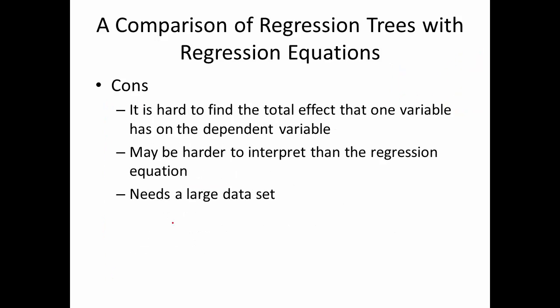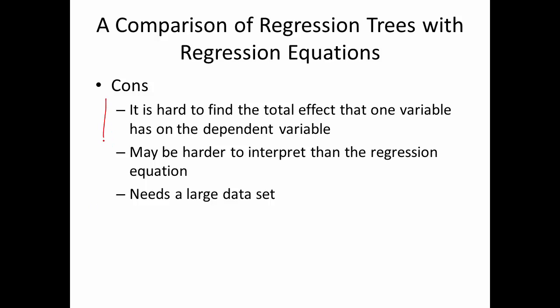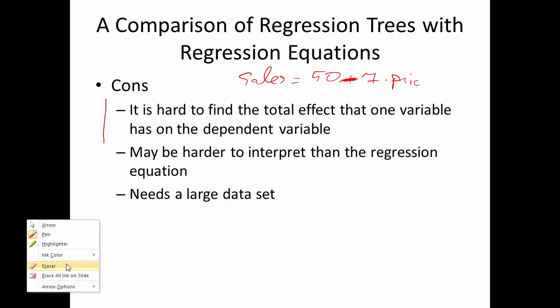Now the cons are that it's harder to find a total effect of one independent variable on the dependent variable. With linear regression it's easy. You get your sales equals 50 plus 7 minus 7 times price, and it's easy to interpret.